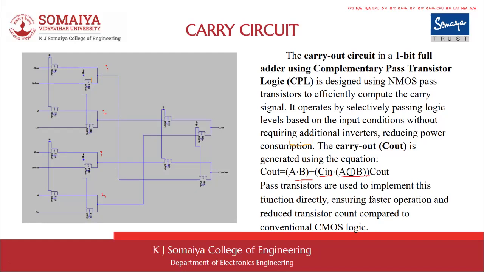So when we do that, we get a bunch of equations, which when we plug into the fifth and sixth circuits, we get our C out and C out bar. So this is how I have made the entire circuit using complementary pass transistor logic.